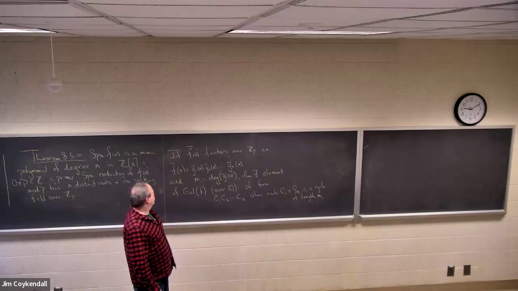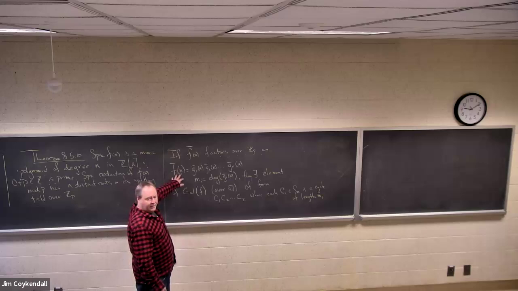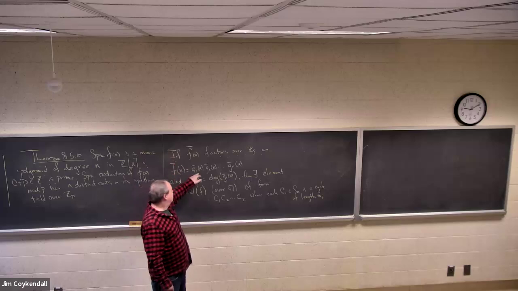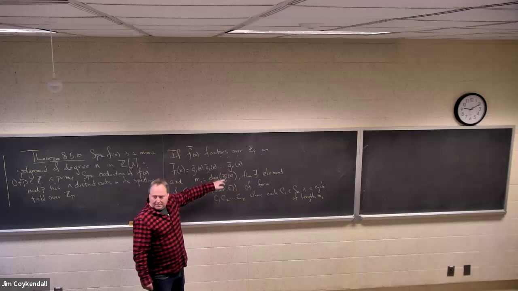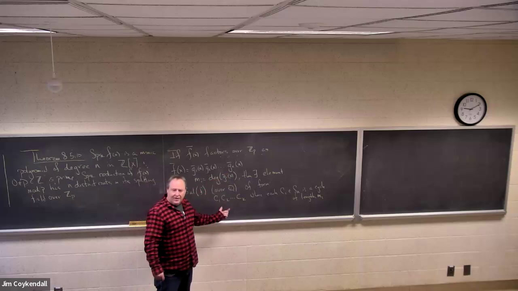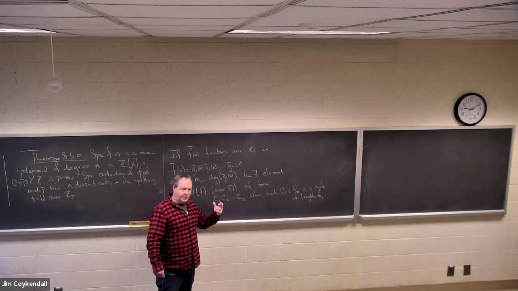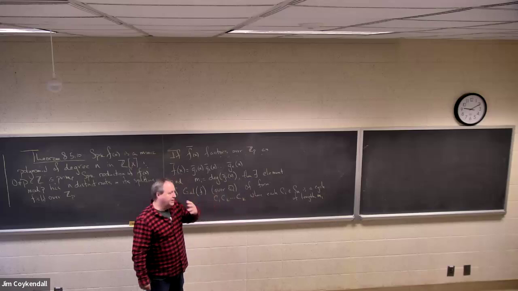So in other words, if f of x is a fifth degree polynomial and it factors into two quadratics and a linear, that means there has to be an element of the original Galois group that's a product of two 2-cycles, and then a single fixed point.